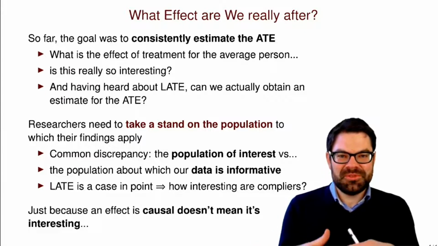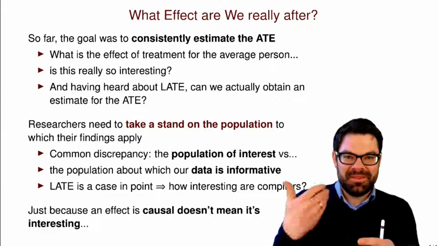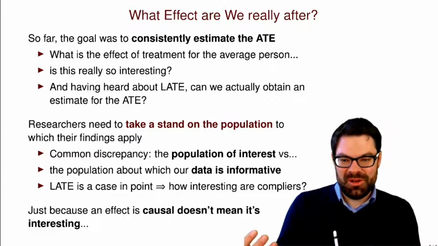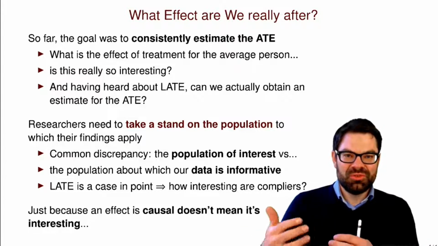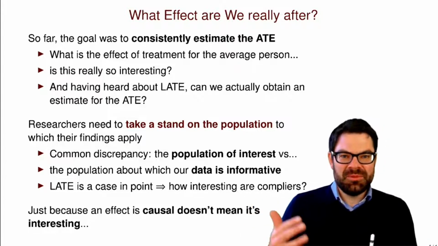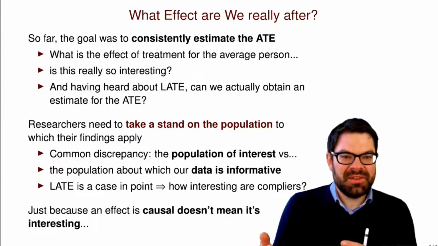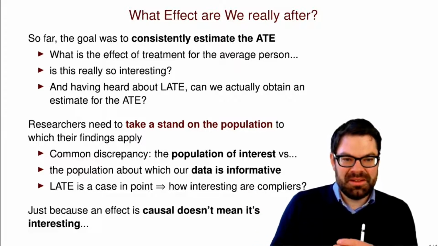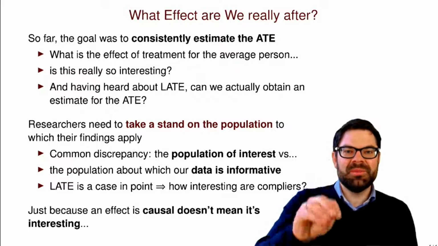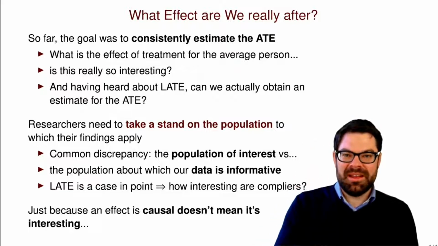You have to really think, what is the broad application of my results? To whom do they apply? And so we need to take a stand on that, and we need to have an ultimate target parameter in mind.